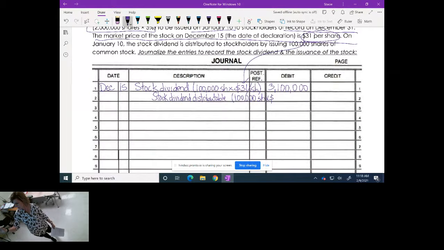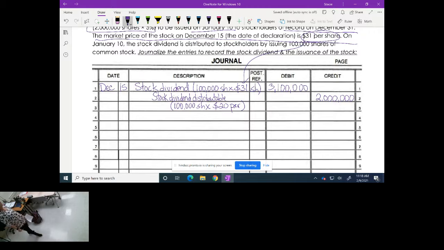So we got 100,000 shares times the $20 par. So we're going to credit this liability $2 million. And ultimately, when we send the shares out, we'll take it out of there and put it in common stock.